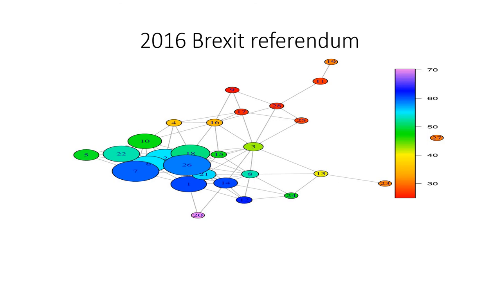For every constituency covered by those cover elements, I am taking the average result of the vote in the 2016 referendum. And we see that the constituencies that support Brexit, in blue, are quite concentrated, while the constituencies that support remaining in the European Union are quite spread across this multi-dimensional space.